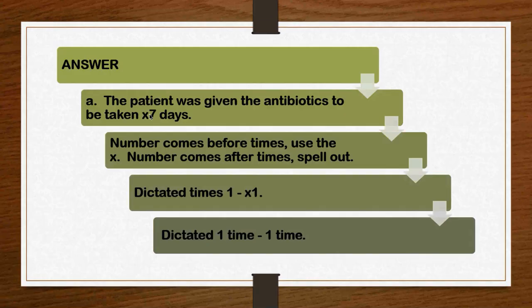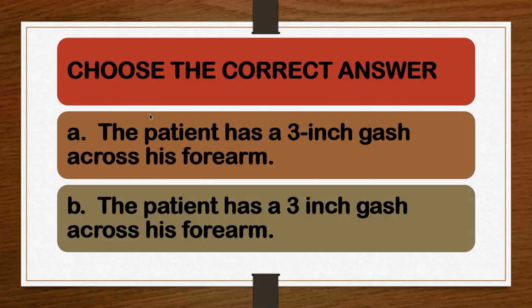Okay, good. I think everybody got that one. A, the rule is the number comes before times, use the X. Number comes after the times, spell it out. So dictated times 1, it would be X times X1, and dictated 1 time, it would be 1 time. I think everybody got that right. Good job.